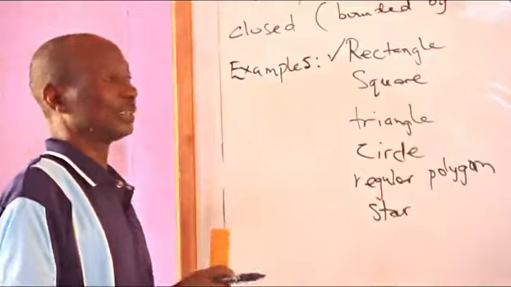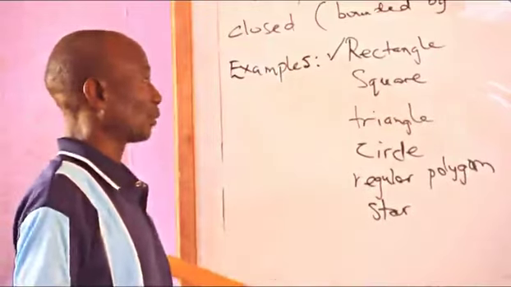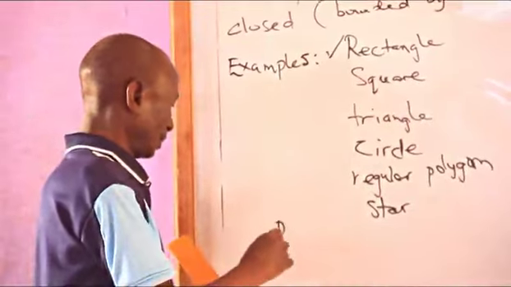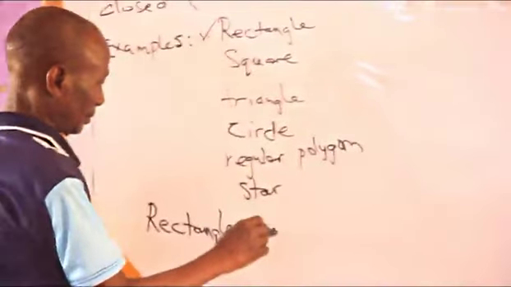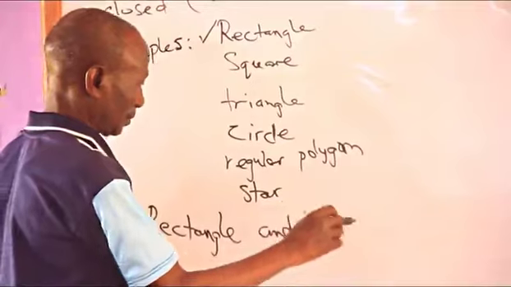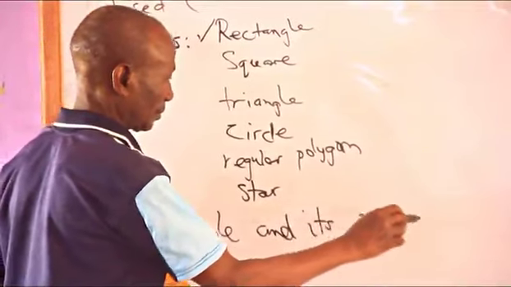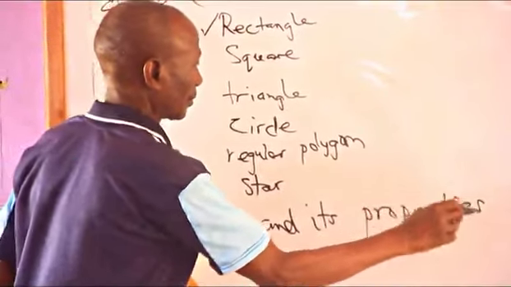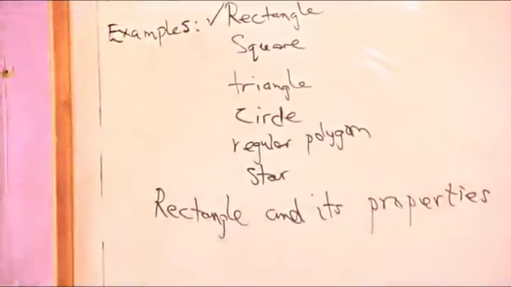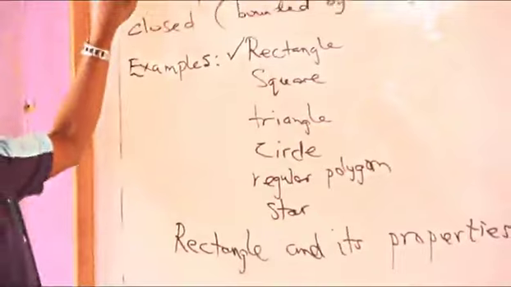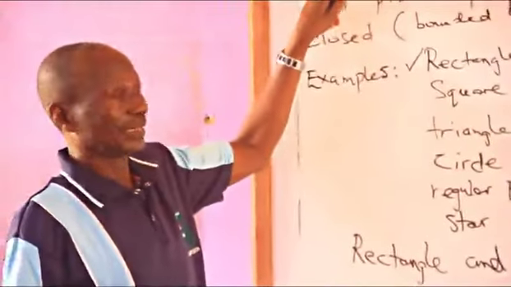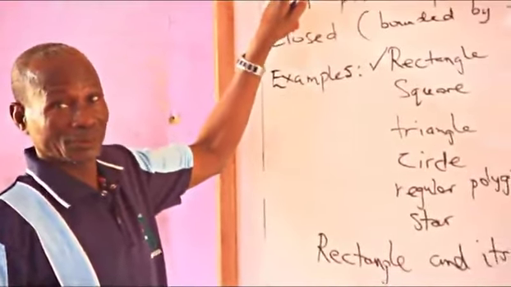I want to start with the rectangle and its properties. Even the marker board that we are using is an example of a rectangle.